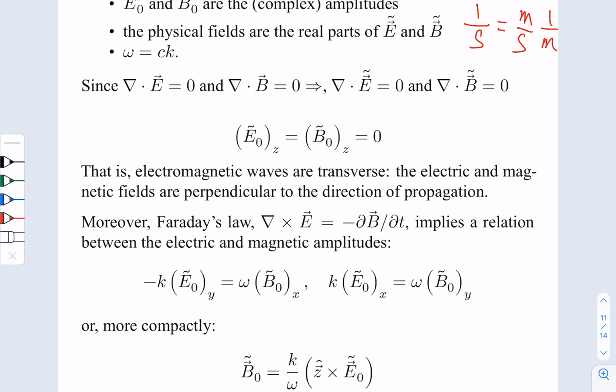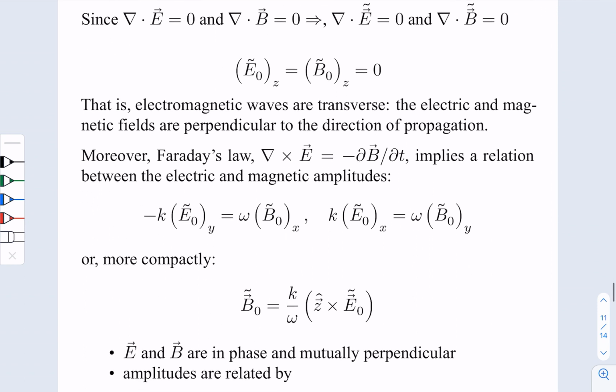What this means is, say we are looking at a wave propagating along the z direction, and say the electric field is along the x direction, then the B field must be along the y direction because of this cross product.